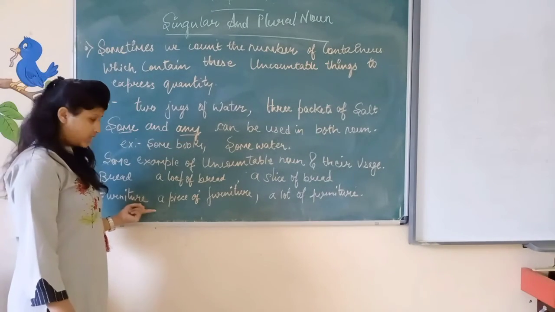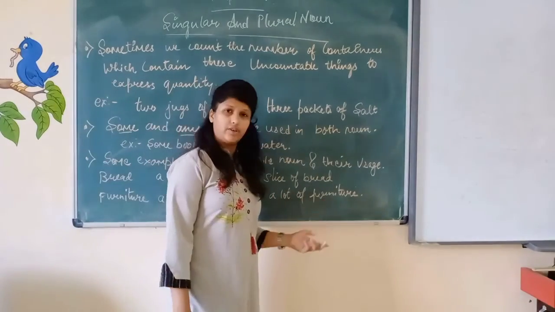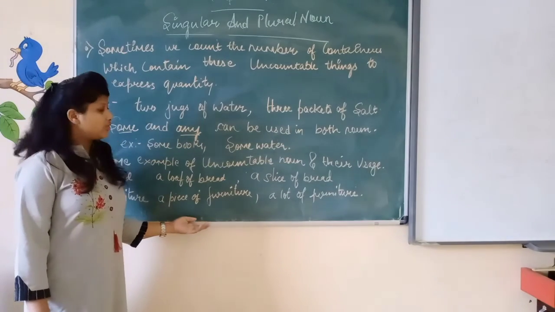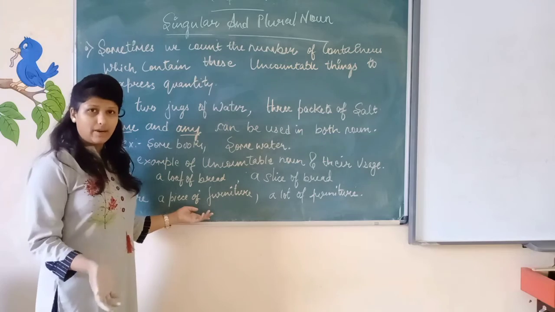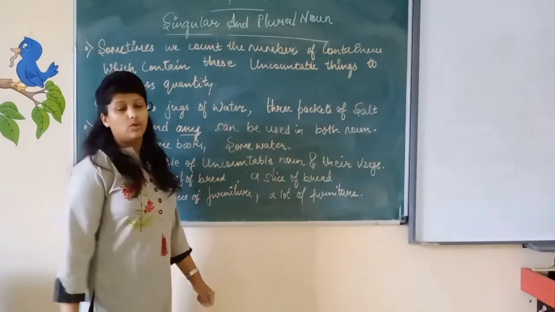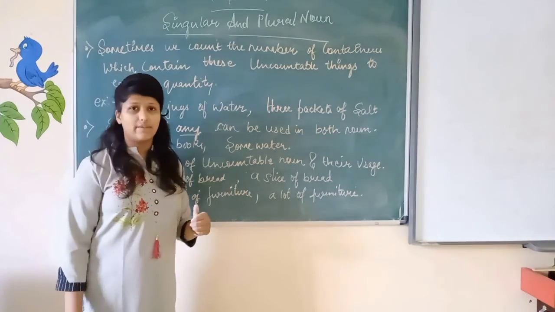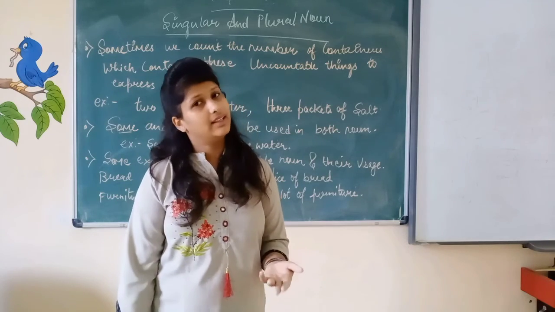For furniture we can use a piece of furniture or a lot of furniture. So these were the important points which we have to keep in mind while using or stating countable or uncountable nouns. With this topic we have completed our second chapter of English grammar, that is singular and plural nouns.